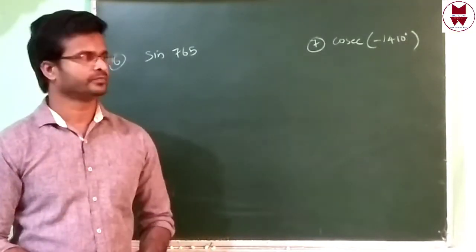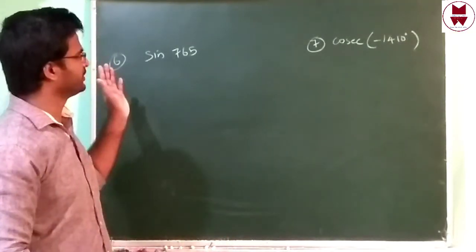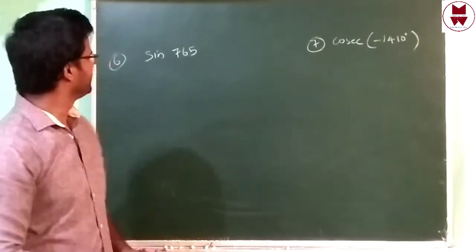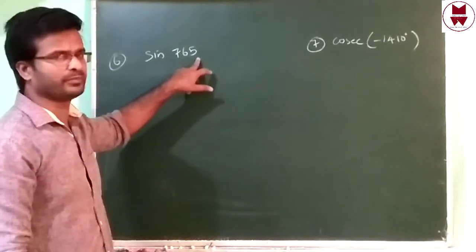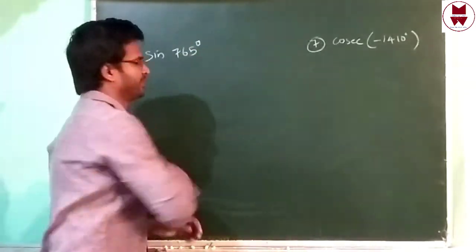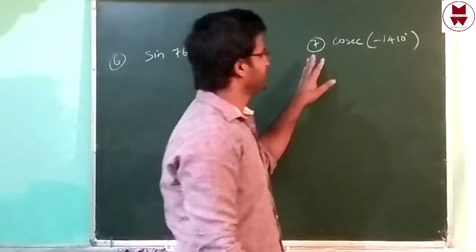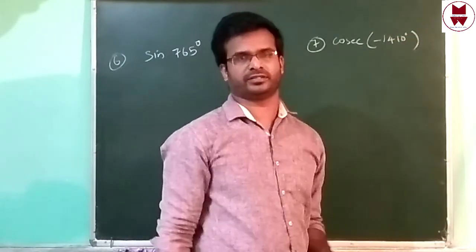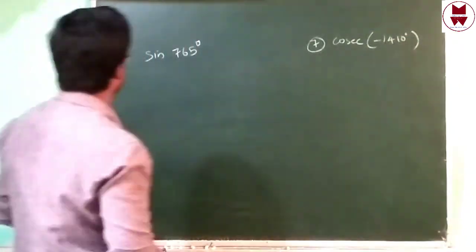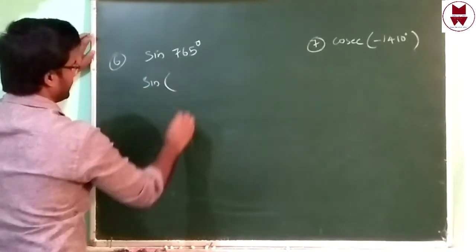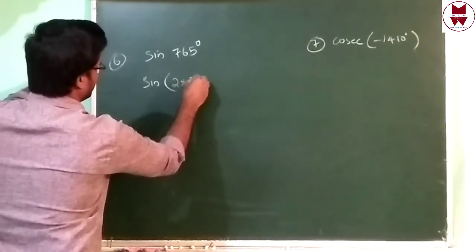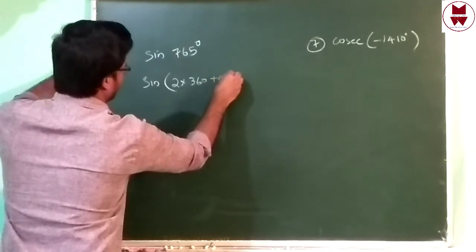Now we can see this. Just compare question number 6 and 7. In question number 6, they gave one positive angle, 765. Then in question number 7, they gave one negative angle. In case they give a positive number, what did we do? We did 2 into 360 plus 45.